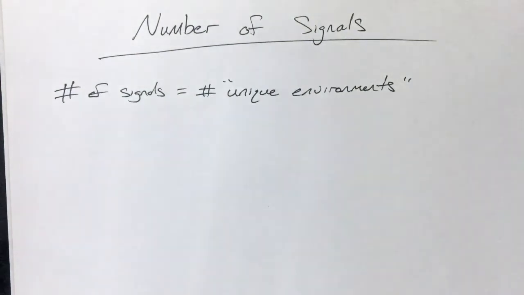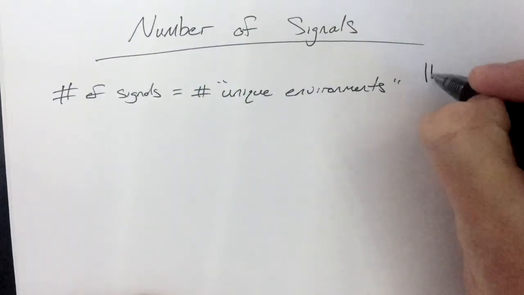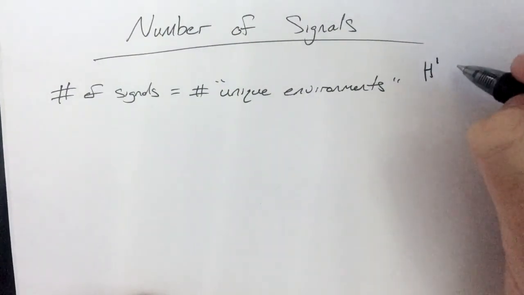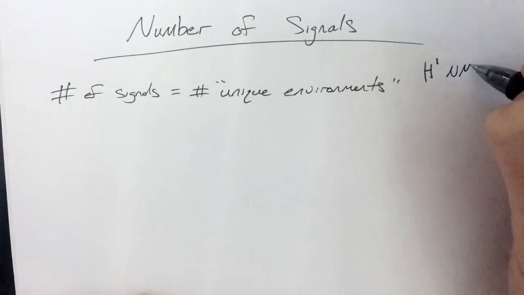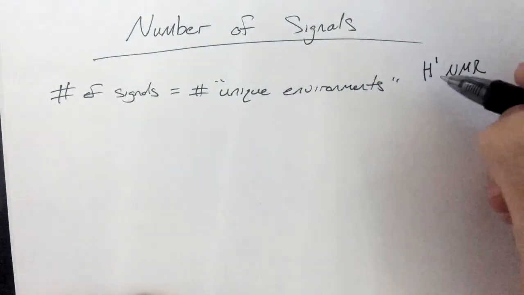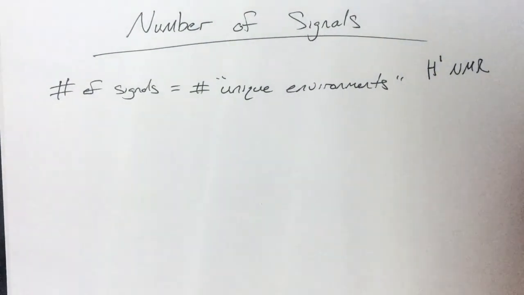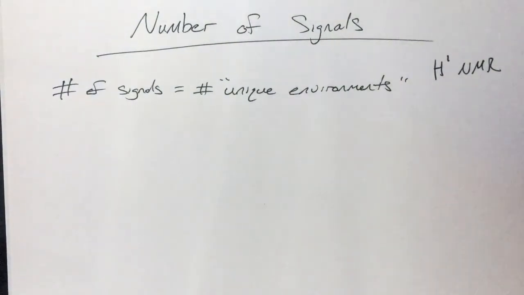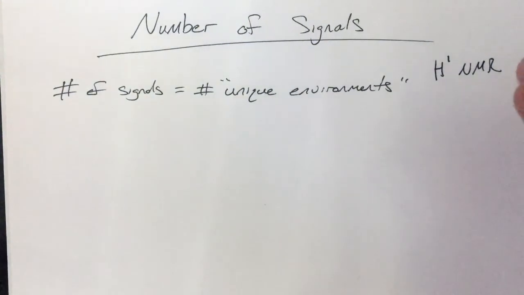One of the first things that you're going to get the hang of is counting signals. Most commonly, it's going to be H1 NMR or carbon. In the NMR spectrum, you're only going to see protons or carbons, and you'll get into more detail.